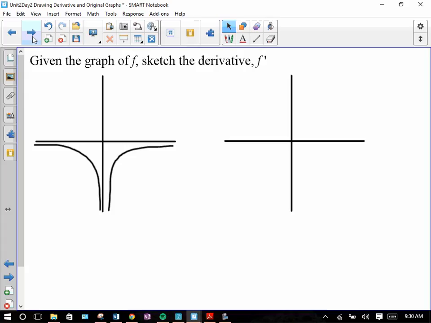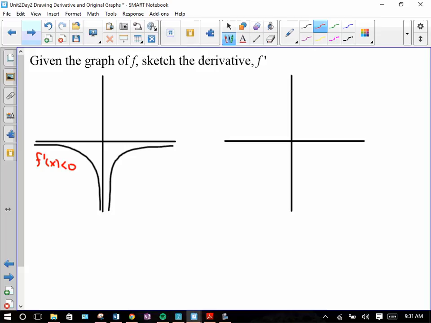Let me just point this out. This looks like it's not increasing or decreasing here, but if we were to graph it on a graphing calculator, this would be decreasing. Negative infinity to what? 0. This function is decreasing, which tells us that our first derivative is what? Less than 0, or negative.